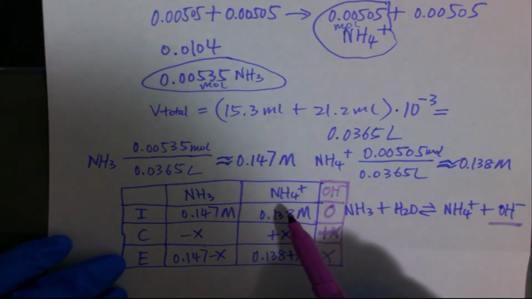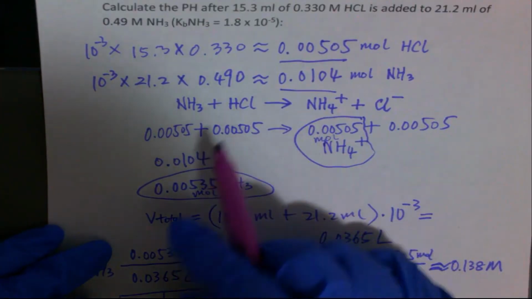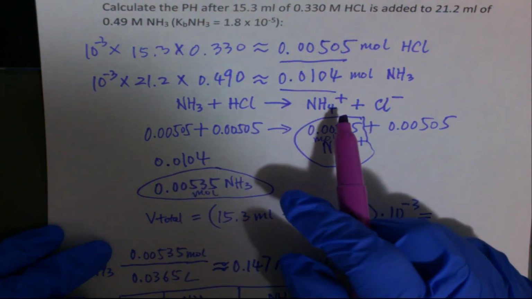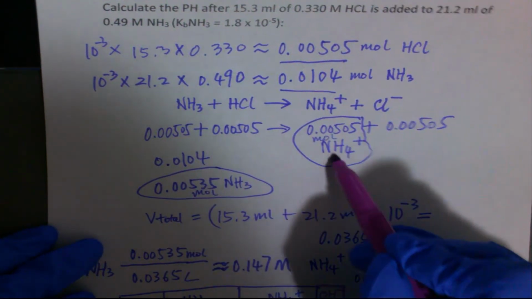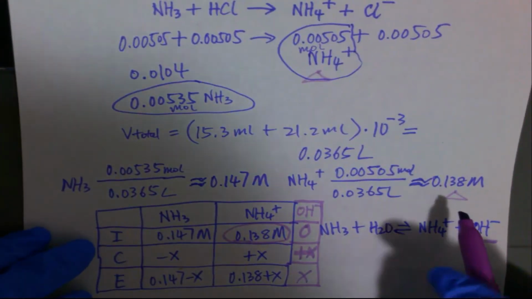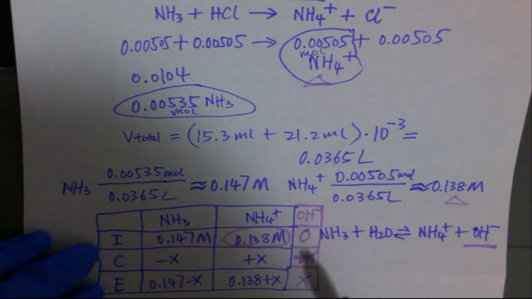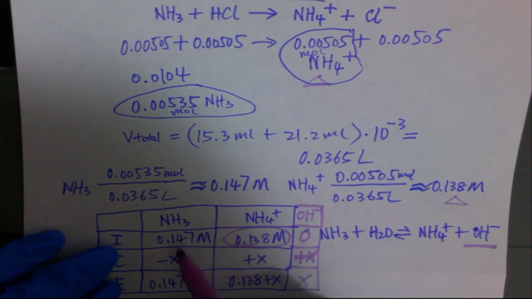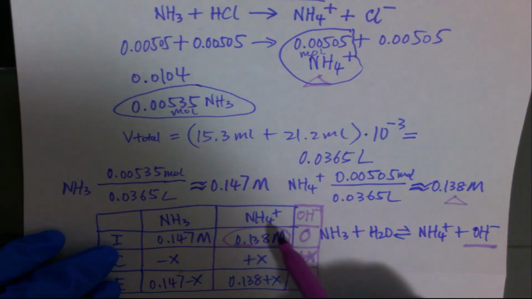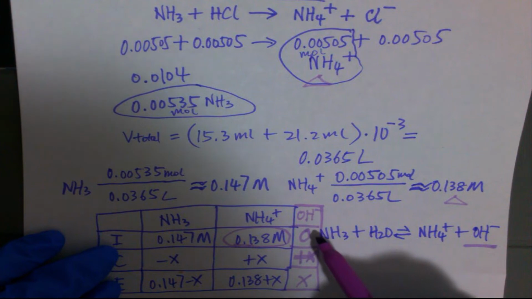But why does the ammonia's conjugate acid have a starting molarity? This is because our reaction, ammonia and hydrochloric acid, created this conjugate acid. You see its moles, and we calculate the molarity here. So we already have an initial starting molarity for our conjugate acid because of the above reaction. The conjugate acid of ammonia does not start with 0; it starts with the molarity we calculated, and the OH is 0.